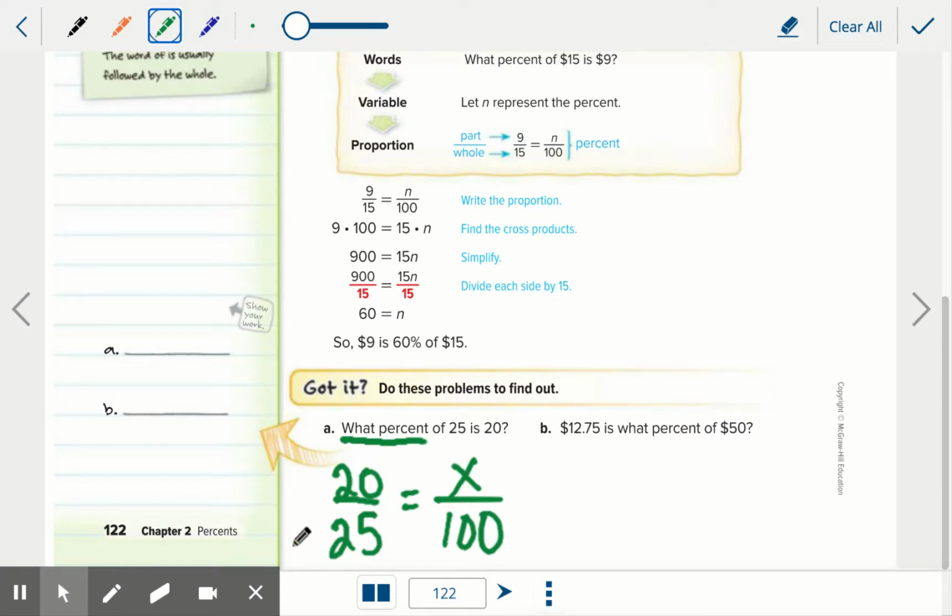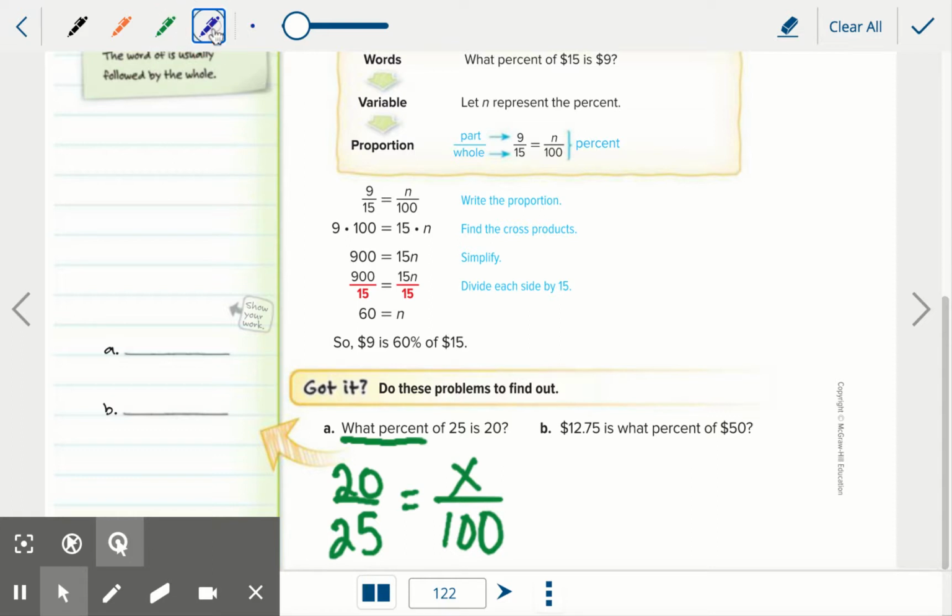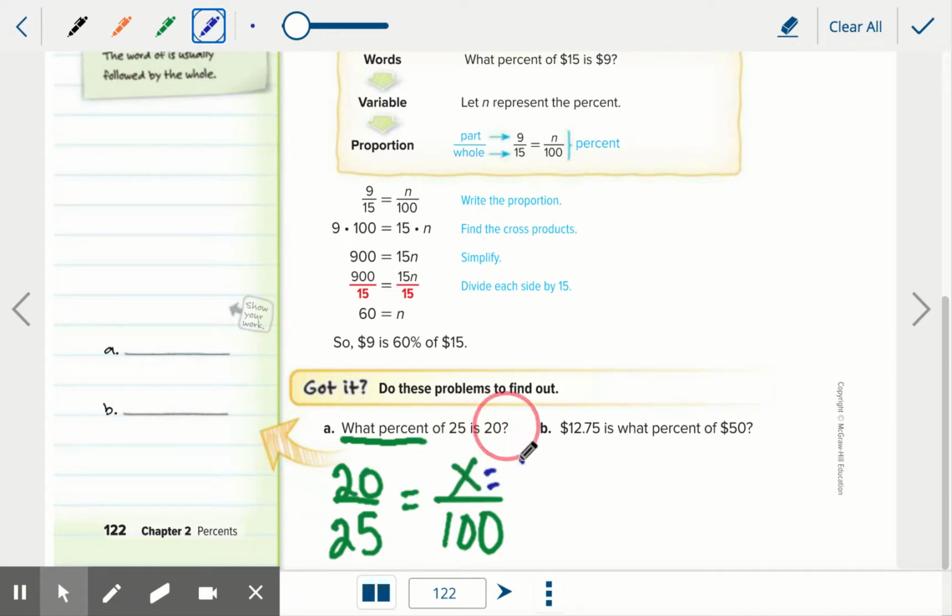So then I go to solve this. Does anyone remember how to solve it? Okay. There's multiple ways that we learn to solve, but the easiest way, to be honest, is to figure out 25 times 4 gets me 100. So 20 times 4 gets me 80. So this would be 80. And because it says what percent, my answer would be 80%.